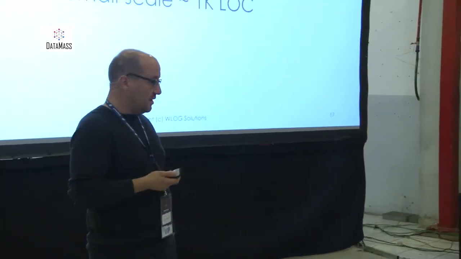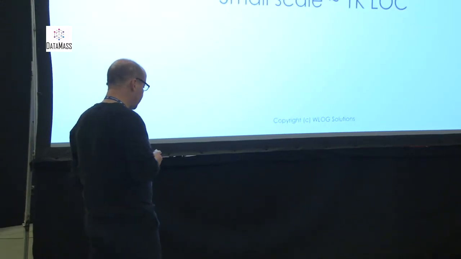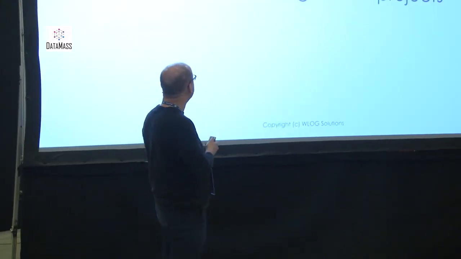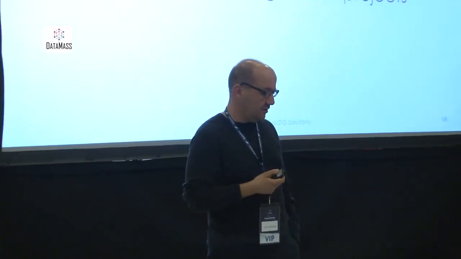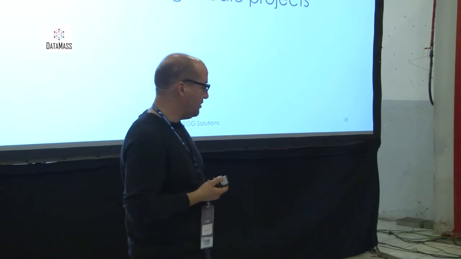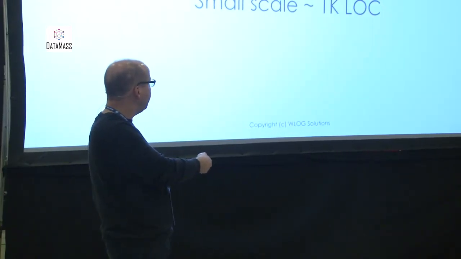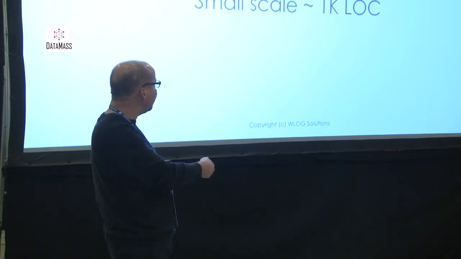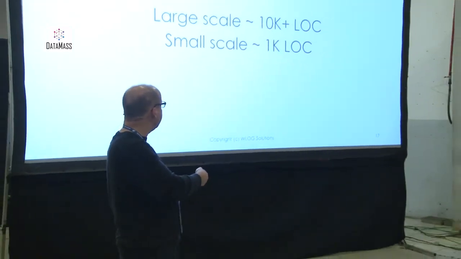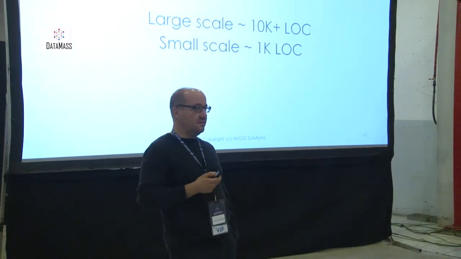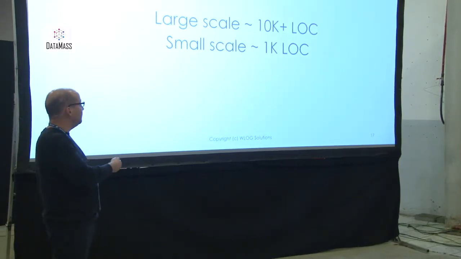I will show you an example of some workflows we have implemented in R, so you can understand how we came up with this amount of lines of code. But it is a difference when you write 100 lines of code, or 1,000, or 10,000. You have to start thinking about structuring your solution, and about maintaining it.